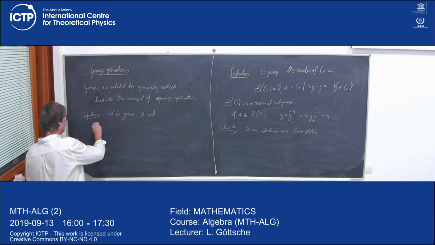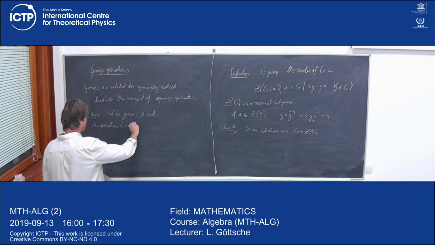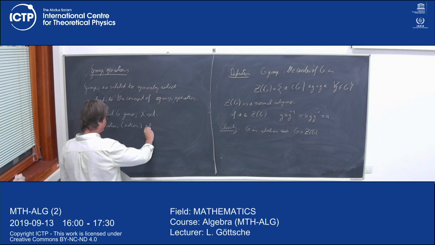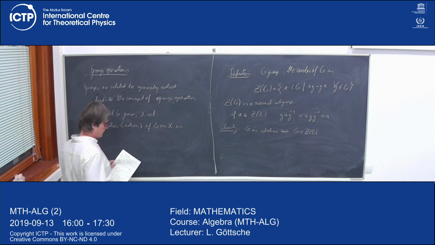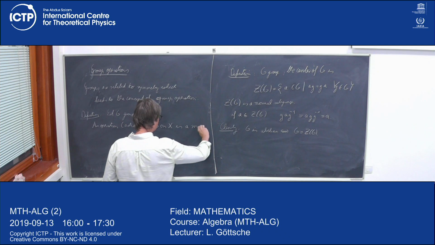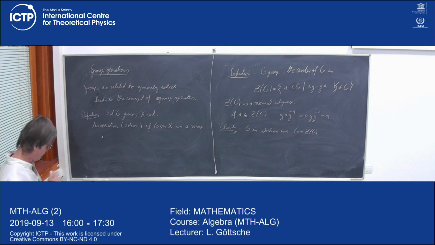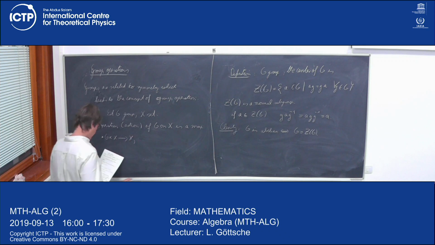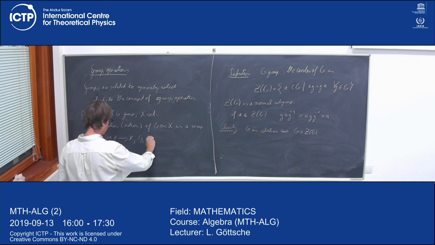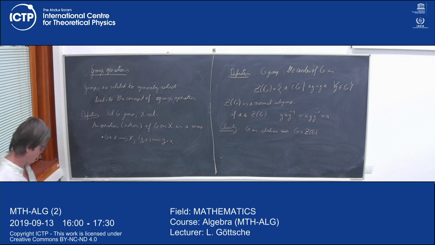An operation or action of G on X is a map, also denoted by a dot like multiplication in the group, but it's not quite the same, from G times X to X, sending (g, x) to g acting on x, such that two things hold.